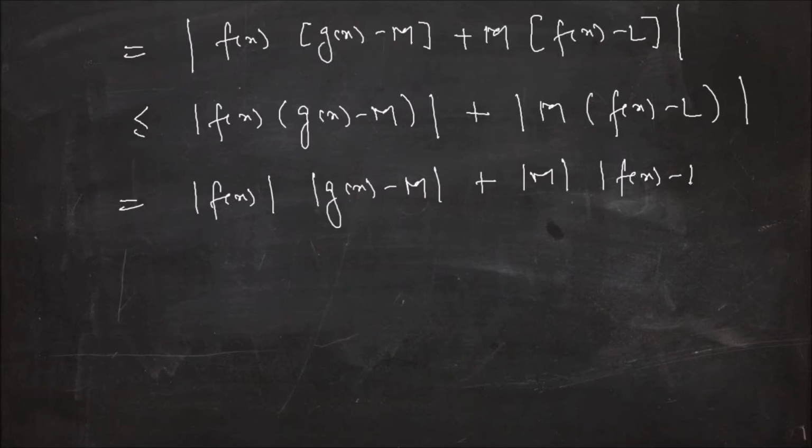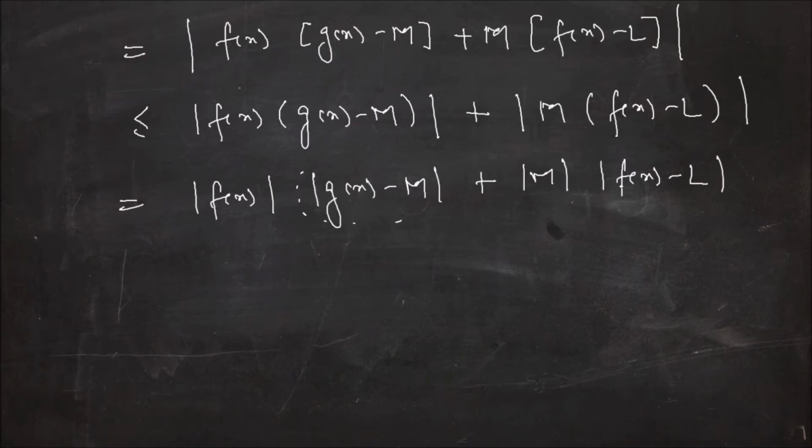Now what I want to show, using the definition of limit, I can make this less than some epsilon, and I can make this less than some epsilon. So I have to remove this by some constant. For that I will use the boundedness of a function whose limit exists at a given point. Because the limit of f at c exists, f is bounded in some neighborhood of c. So we will use this fact to make it less than some constant. This is already constant, so I will not touch this.